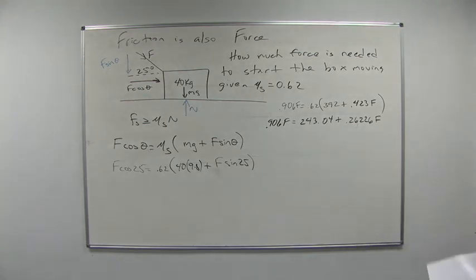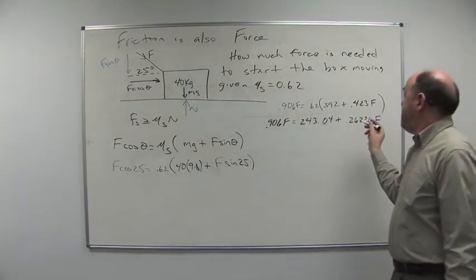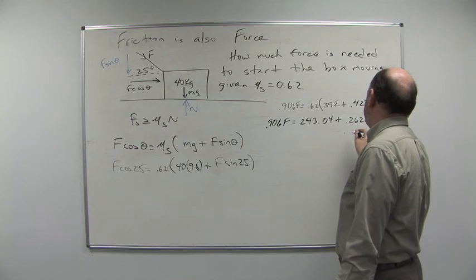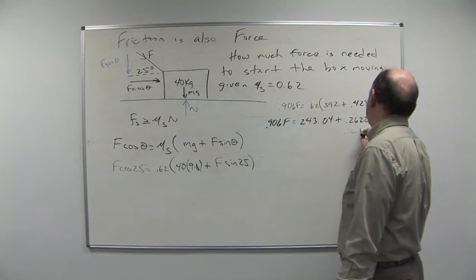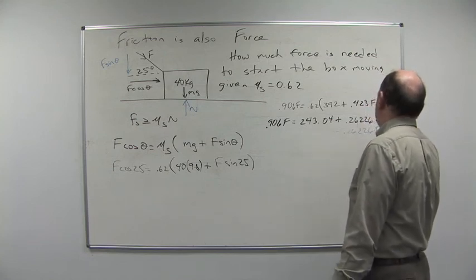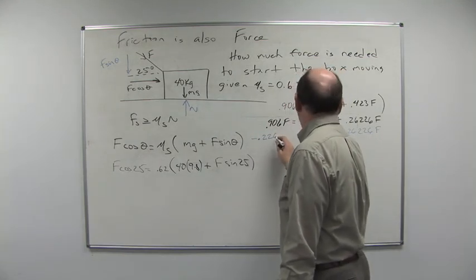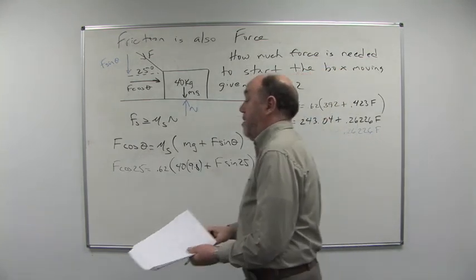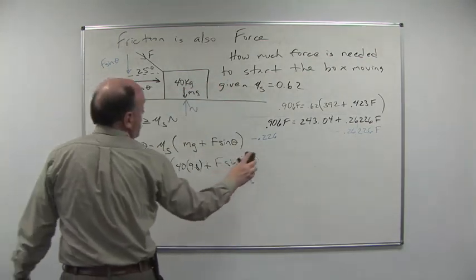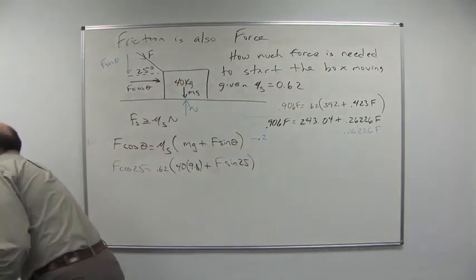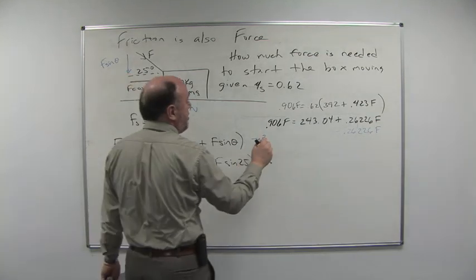Again, I want to solve for F, so now I want to take this to the other side. So I will subtract 0.26226F over here. Sorry, so let's get the number right.